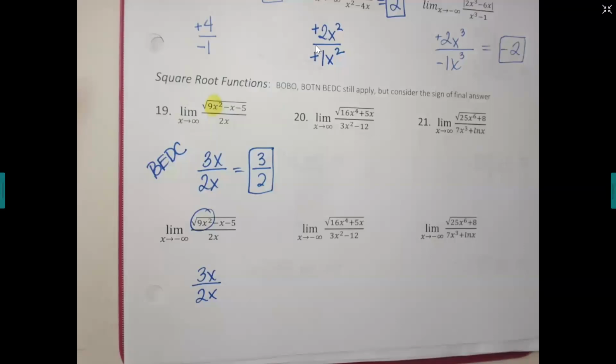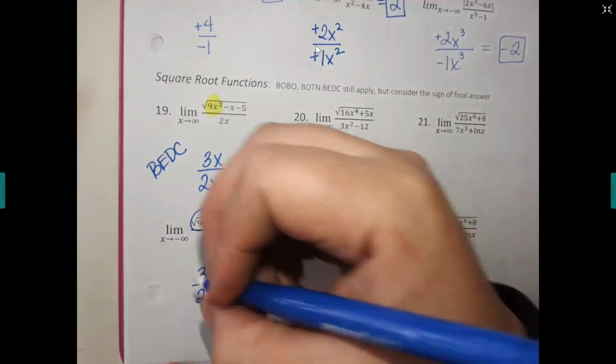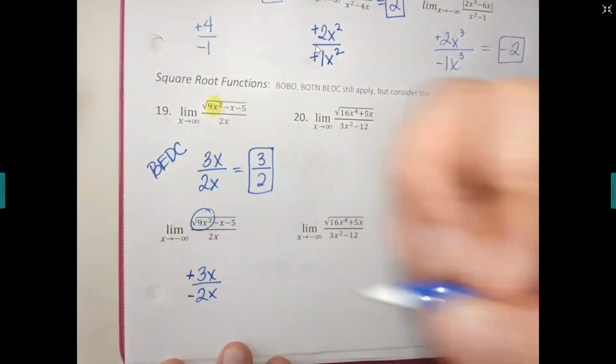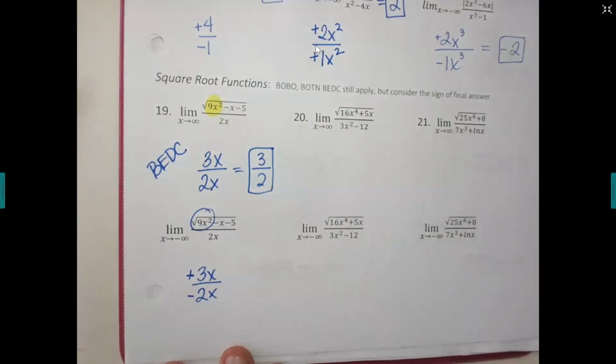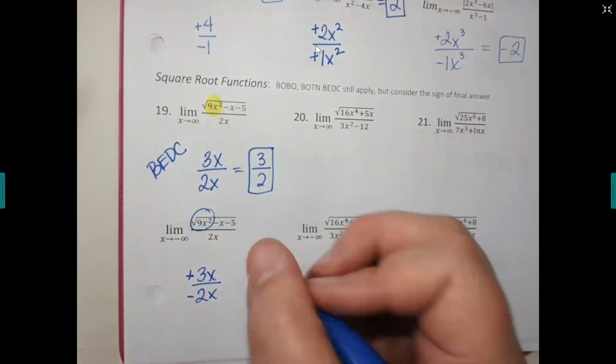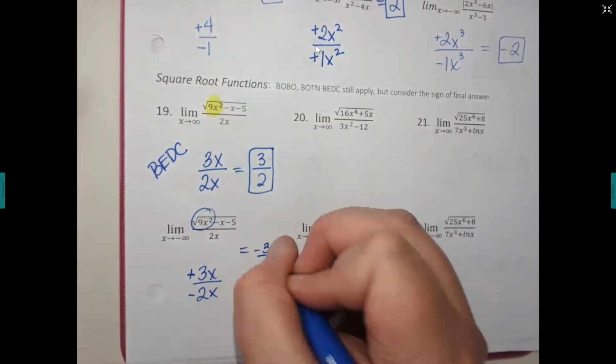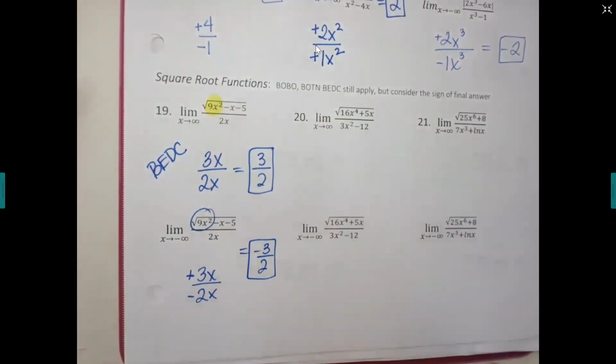What about if I put a negative infinity into a times 2? Now the 2 is going to be a what? -2. And if I have a positive 3 divided by a -2, my answer is going to come out to -3 over 2 for the other limit. Okay, but for most of your equations, you don't even have to check. It's just if it has an absolute value or a square root at this point.